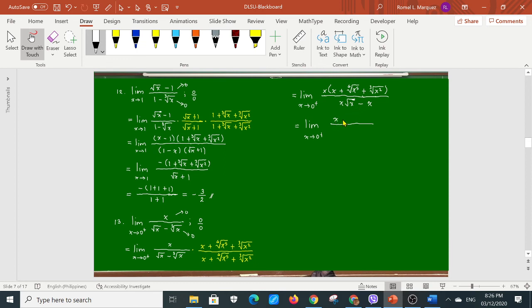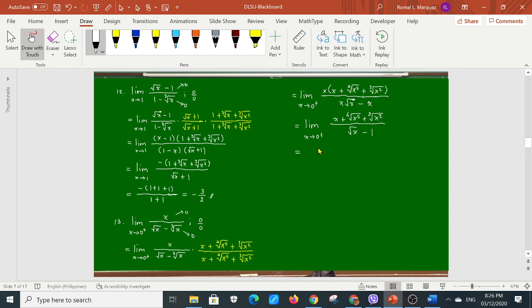So we have x plus sixth root of x to the fifth plus cube root of x squared, all over, factor out x, kaya cancel na doon. So, square root of x minus 1. Tingnan natin kung okay na. 0, 0, 0.